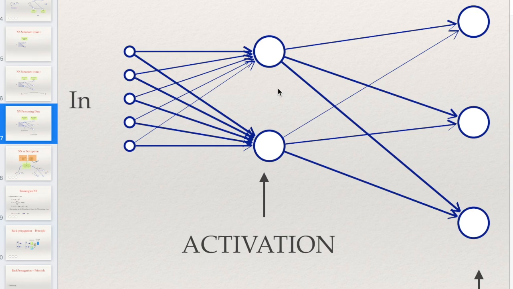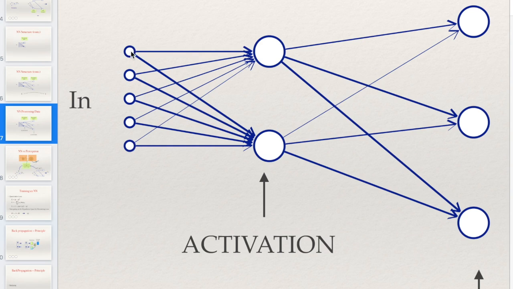A neural network processes information according to its structure. For example, in this neural network, when the attributes of a data sample are given, those attributes are given in what we call input units.